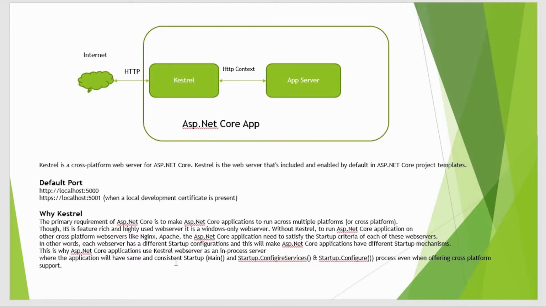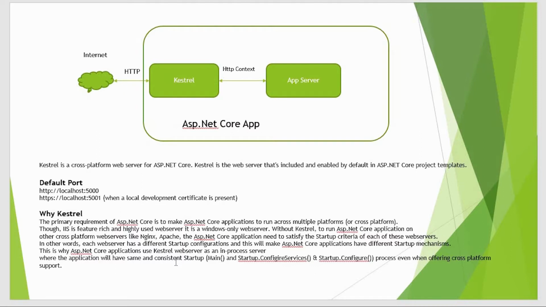The second way is to keep your project with the default Kestrel configuration and deploy the application using that, because Kestrel comes with the .NET framework. It is not part of any OS. It is part of your .NET installation, your framework installation. So you can run the application. What is the problem?